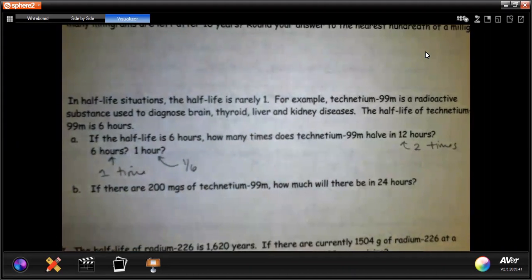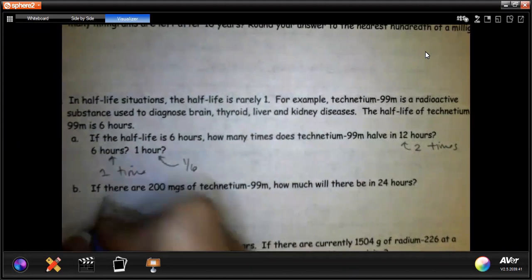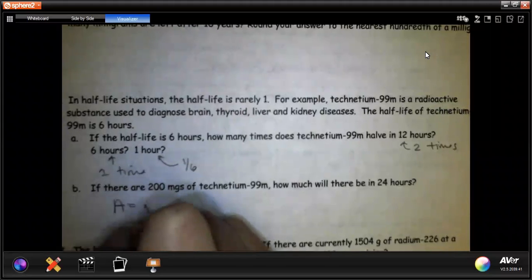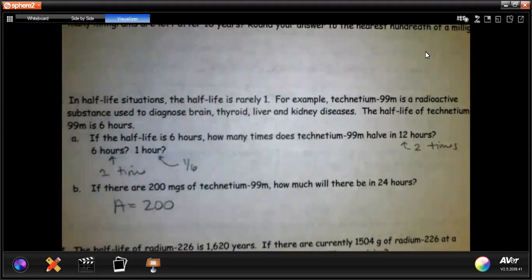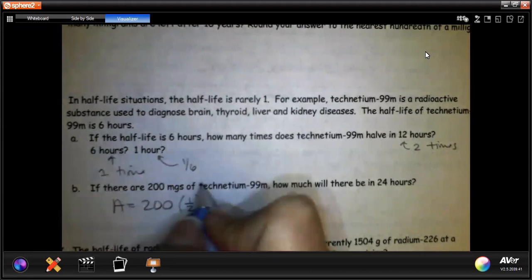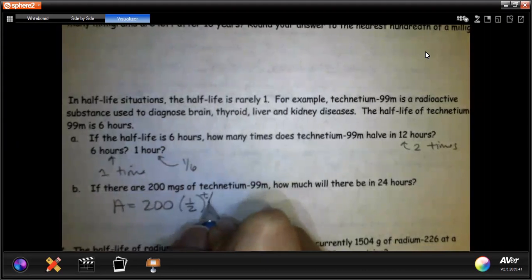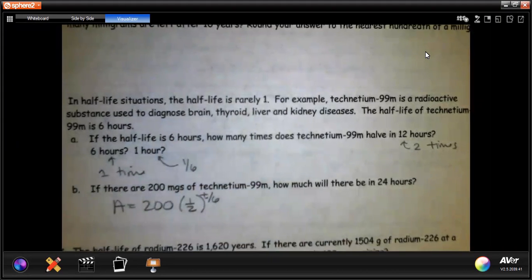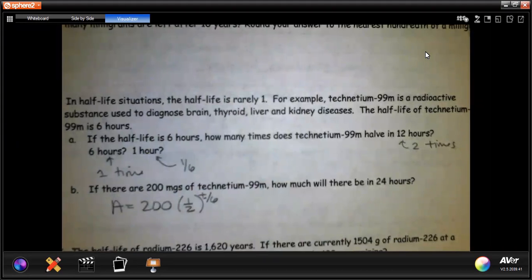So if we were to write the equation on this one, where we started with 200 milligrams, our total amount would be equal to 200 milligrams, half-life, and then it's not every hour, it's every 6th hour. So we would put that in there as t over 6.